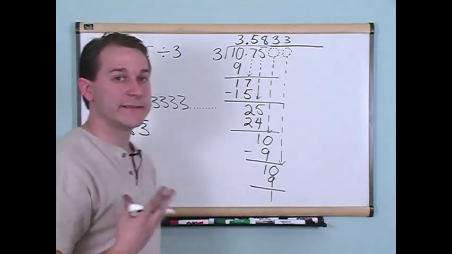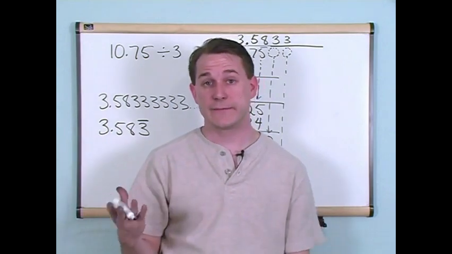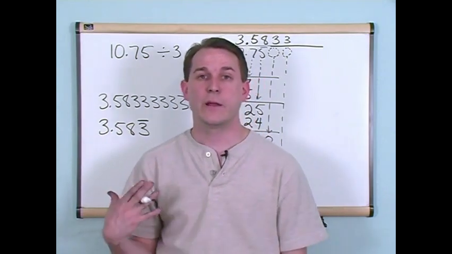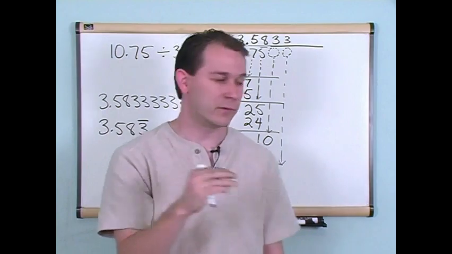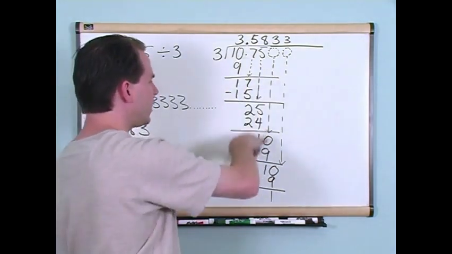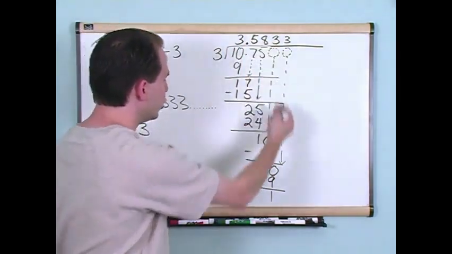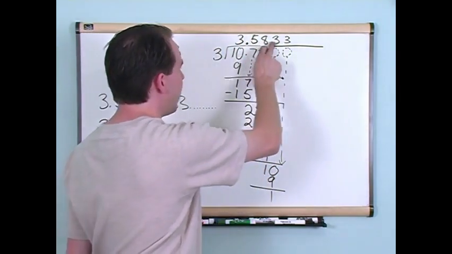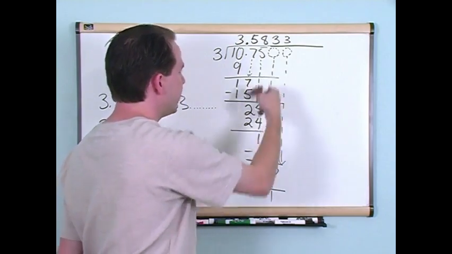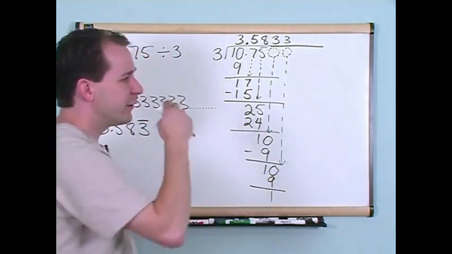So now I can say with a little more confidence, now that you've seen a problem, that when you're dividing decimals, you keep going until you get a 0 here with no more digits to drop. Or if you ever get caught in one of these loops where you keep adding digits because you keep getting the same thing over and over down here, then there's no point to continue.